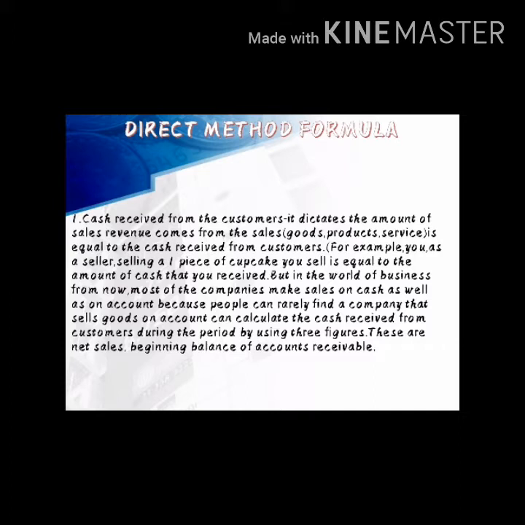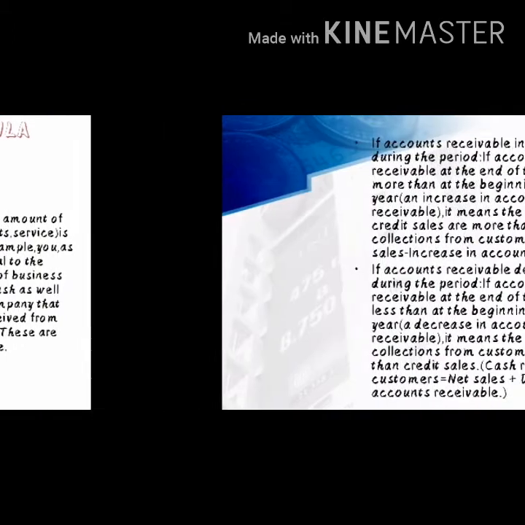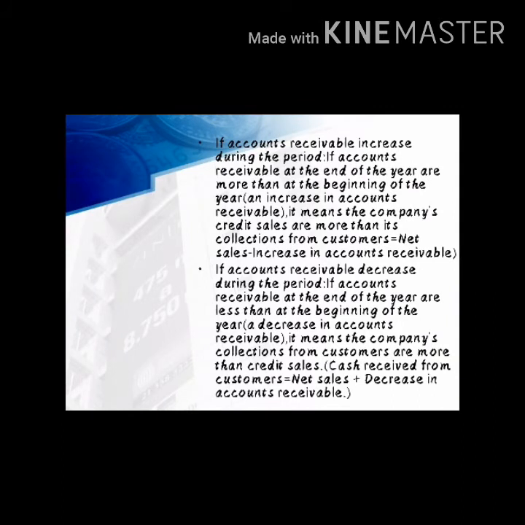These are the net sales, beginning balance of accounts receivable, and ending balance of accounts receivable. So we have here the two classifications of accounts receivable: the increase during the period and the decrease during the period.